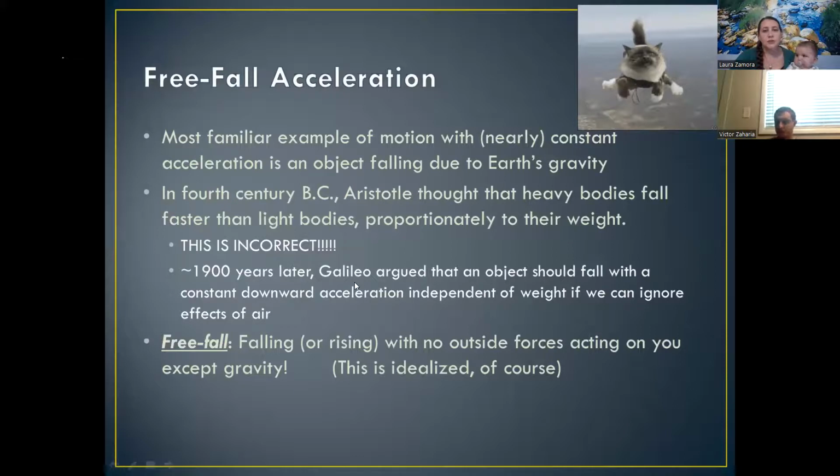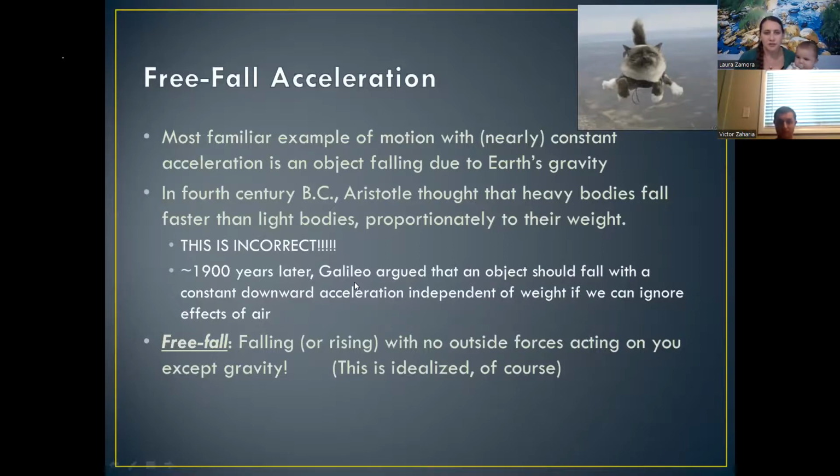He argued that an object should fall with a constant acceleration regardless of the weight if we can ignore air resistance. So really it's the air resistance on the object itself that makes objects appear like they are falling under different accelerations.